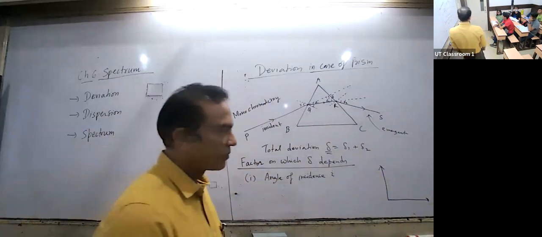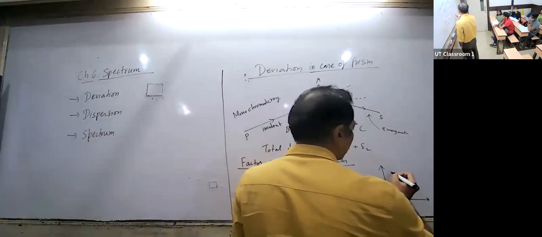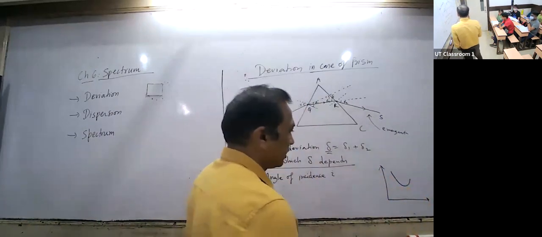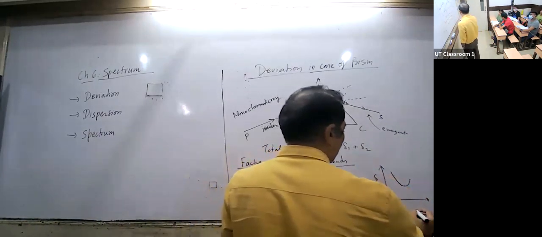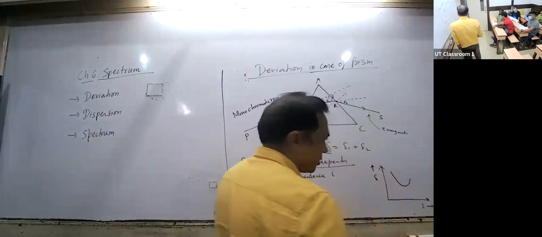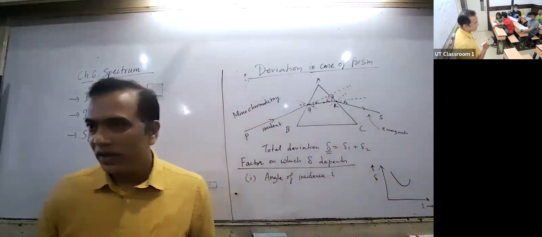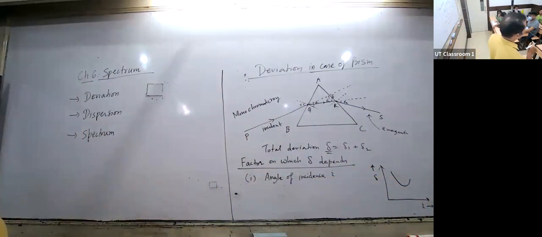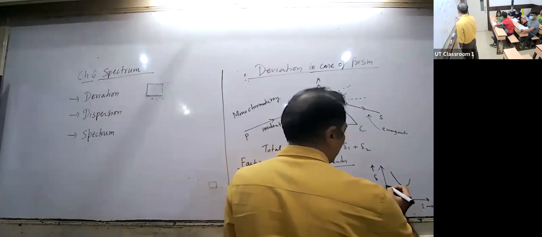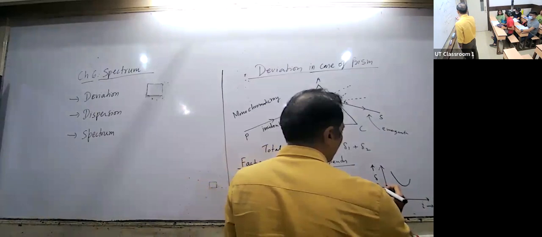You remember this graph? This is how it is. Minimum deviation. This is delta, and this is angle of incidence. Initially, when the angle of incidence increases, the deviation decreases. It hits a minimum value, and then again it increases.